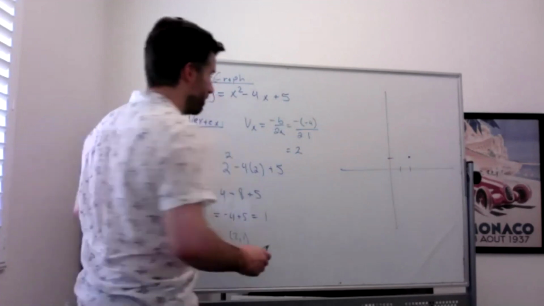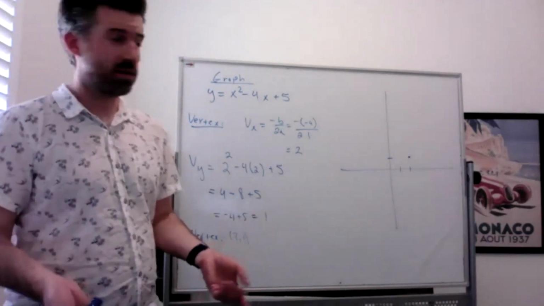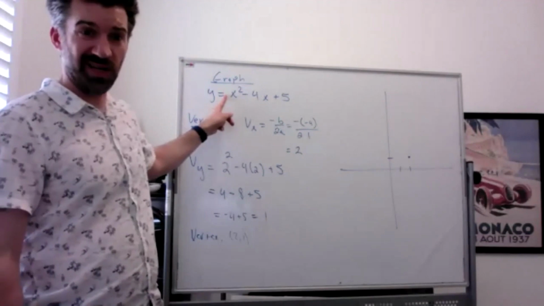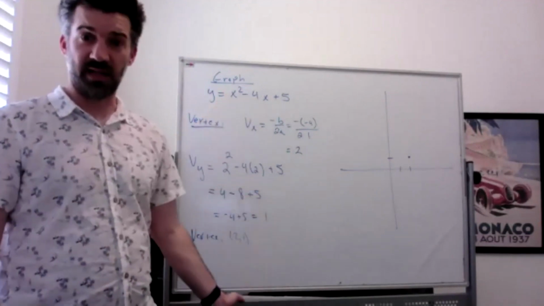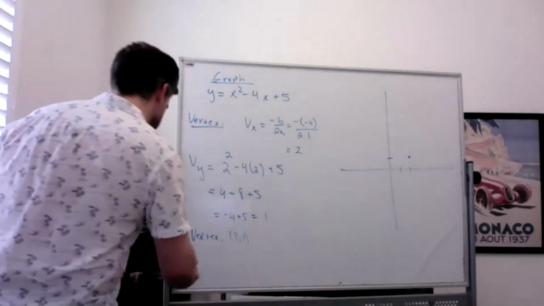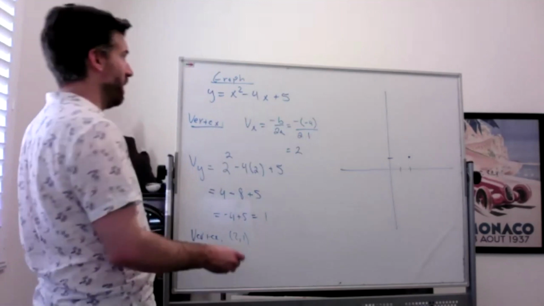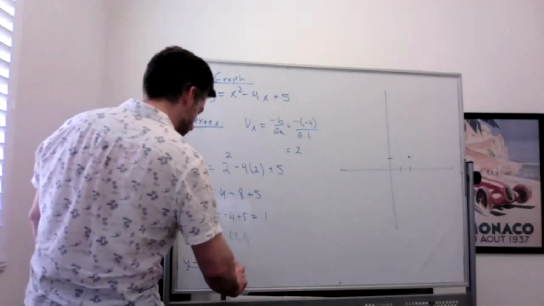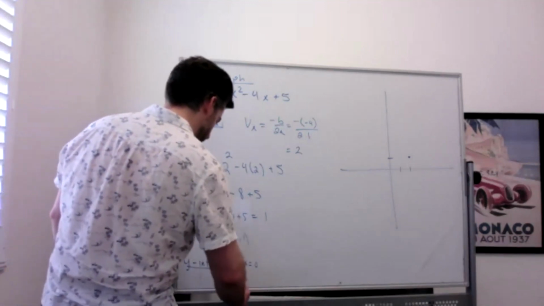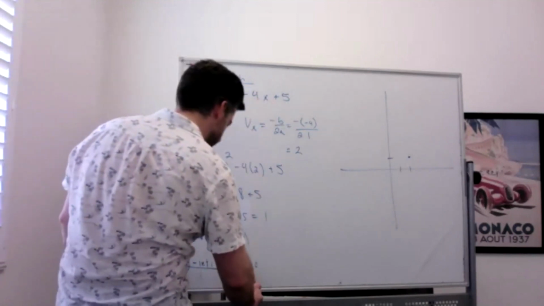And at this point, you might say to yourself, I know this parabola opens upwards because of this leading coefficient being positive. So I know I don't have any x-intercepts. Or you might go a little bit further and say, what's the y-intercept? Well, if I set x equal to 0, I'm going to get y equal to 0 minus 0 plus 5, which is 5.